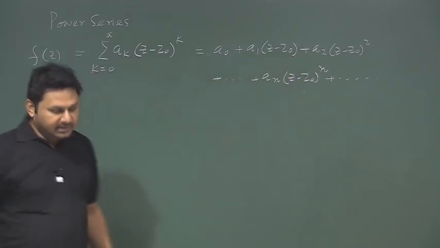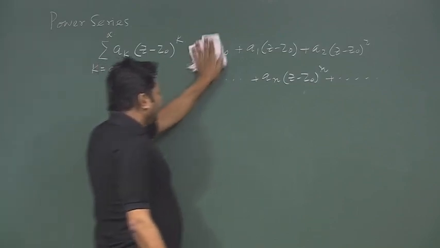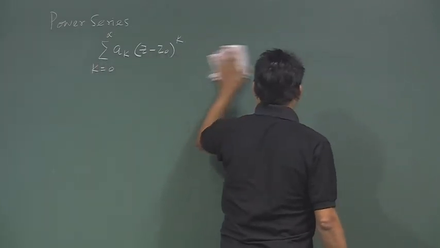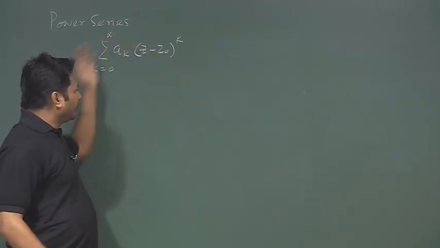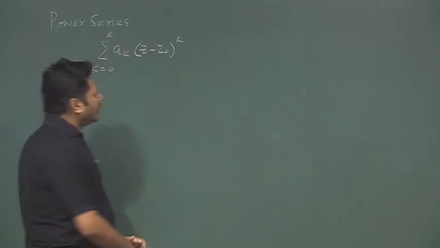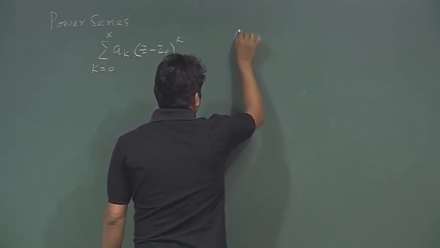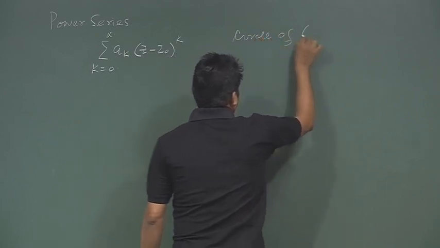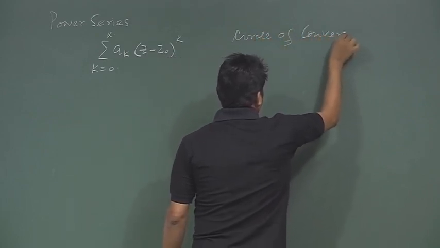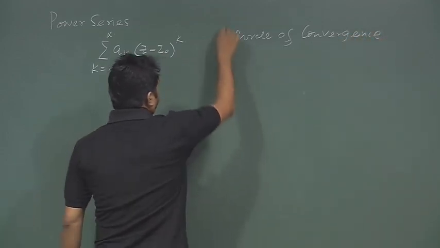So, that is why the power series is important, but one more thing is important for this power series: you can't expand this series according to your choice. There is something called the circle of convergence.